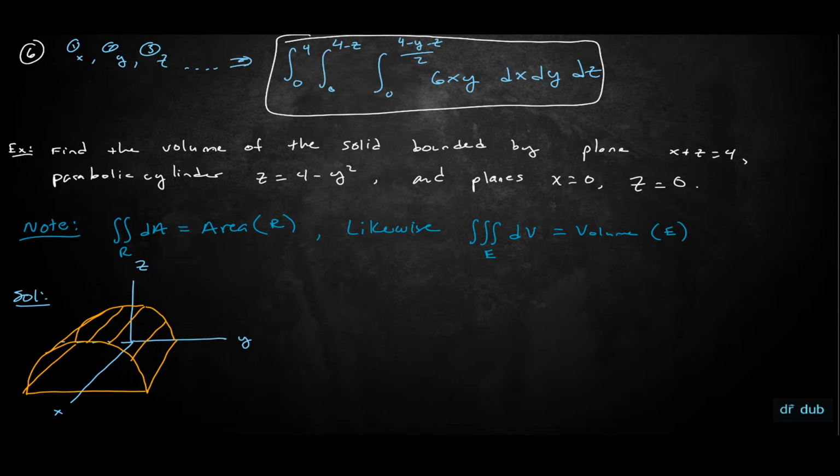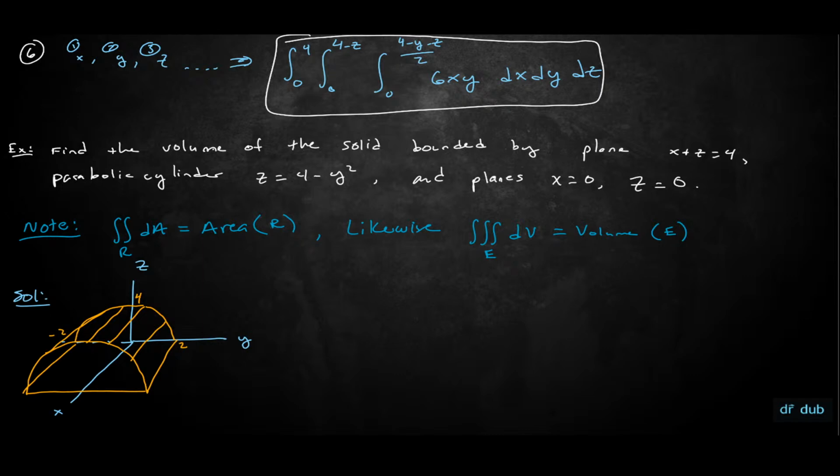Well, how did I know the parabolic cylinder was going to look like this? If y is equal to 0, I have a height of 4 on the z-axis. And as y moves out to 2, z goes to 0. So this is 2 here, and this is negative 2 on the y-axis.